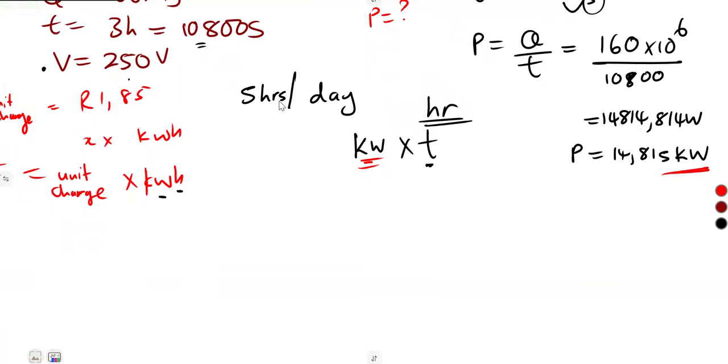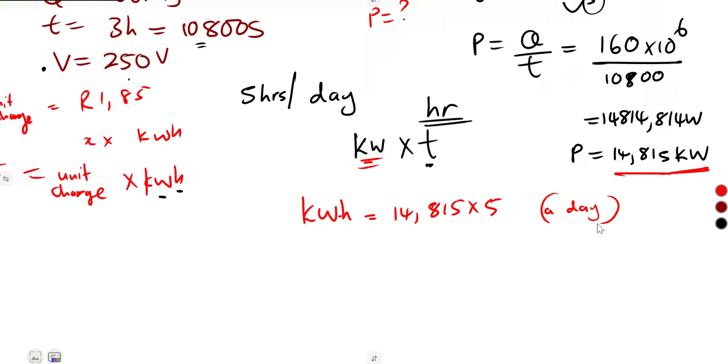It was used for 5 hours a day. So in a day, our kilowatt hour is going to be the kilowatt, 14.815 times 5. This is a day. If you're talking about for 30 days in a month, multiply by 30.